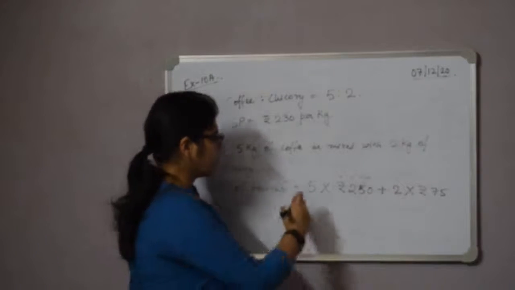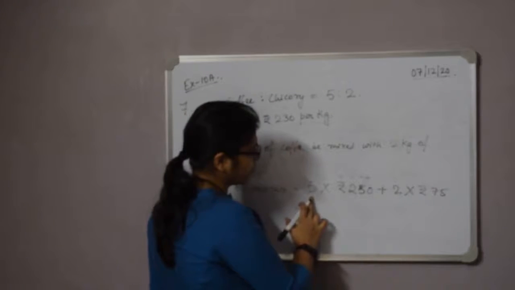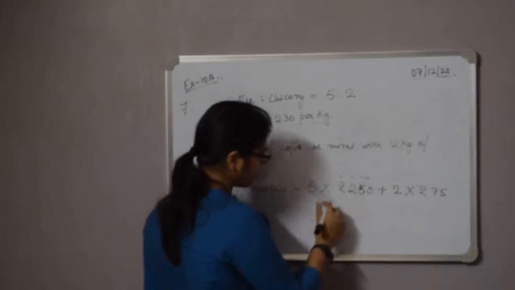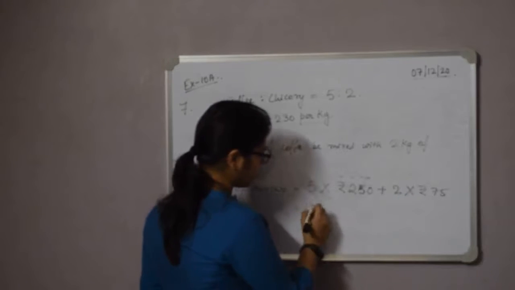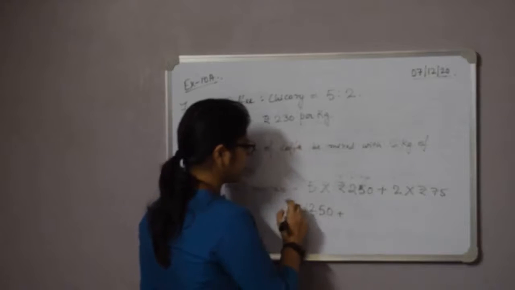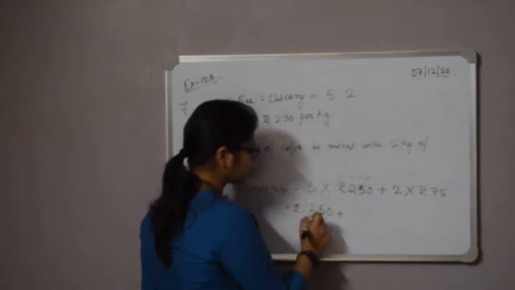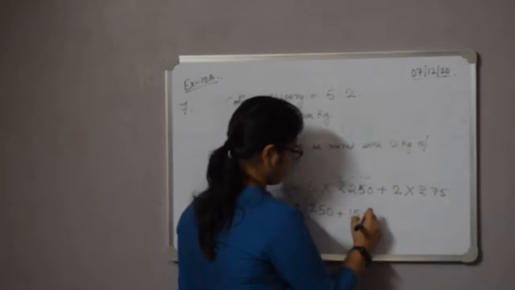Okay. So we can say 5, if we multiply, then 5 5 25, carry 2, 5 2 10, 11 12. So 1250 plus, so this whole thing is in rupees. So rupees 1250 plus 150.